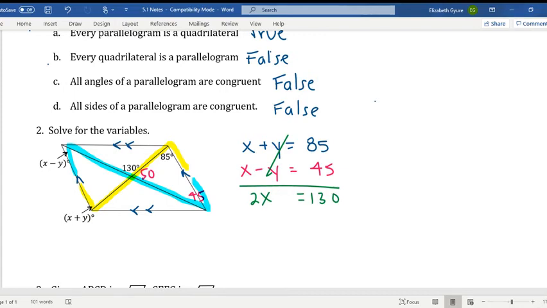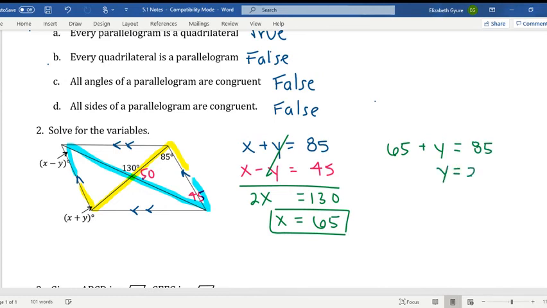And then I am going to divide to get 65. So that is my x. And then I just plug that back into either original equation to get y. So I'll plug that into the top one. 65 plus y equals 85, and subtract to get 20.